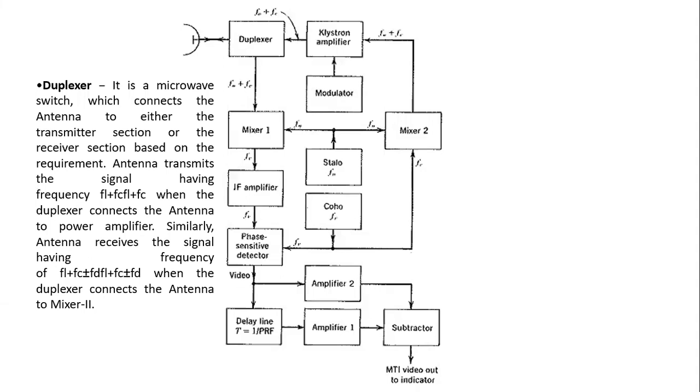This very high frequency need not go to the receiver, because the received signal is always of less strength as compared to the signal that has to be sent onto the antenna. Naturally, the signal has to travel a very long distance, so the power and the strength of the signal need to be high, then only it gets transmitted for a longer distance.